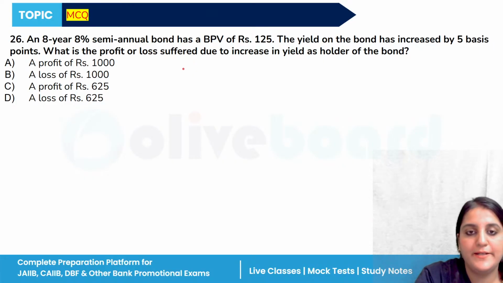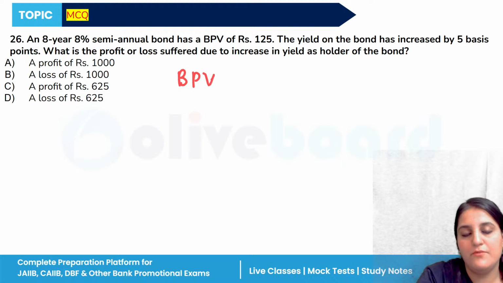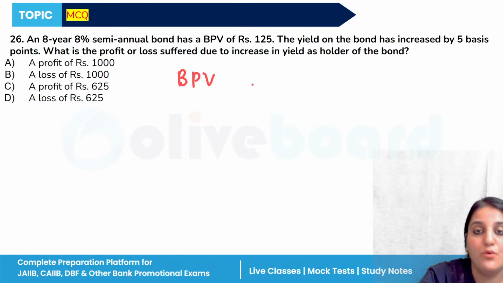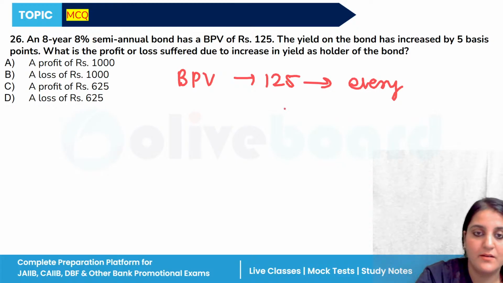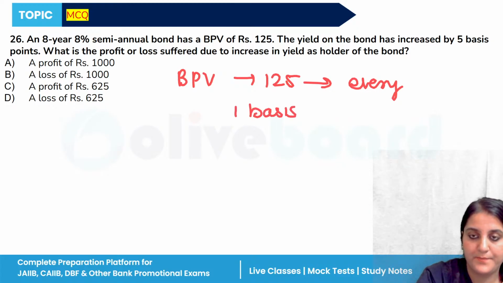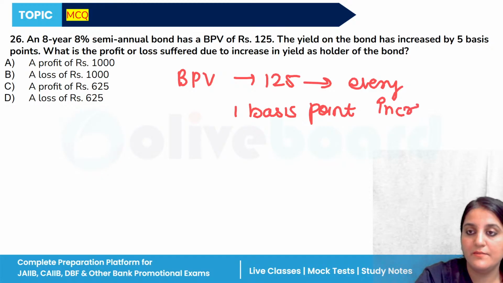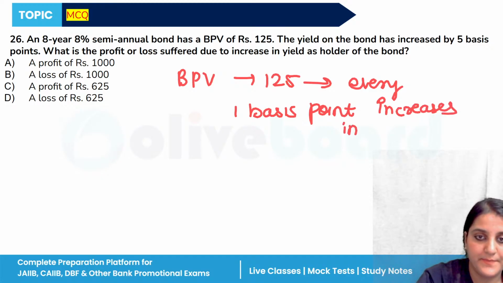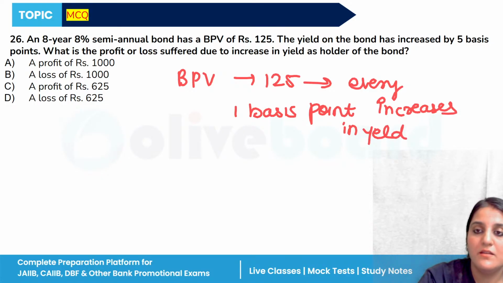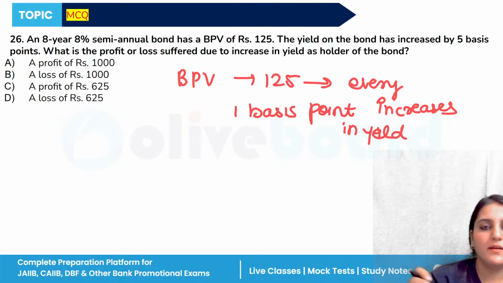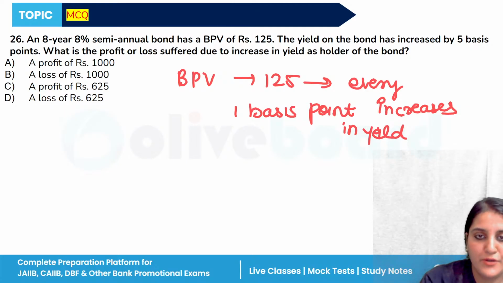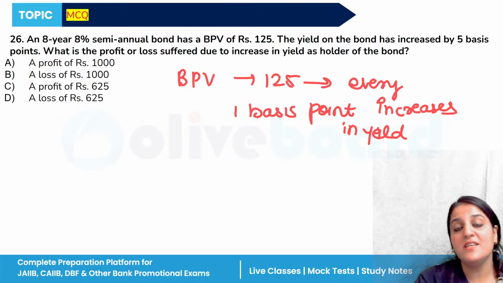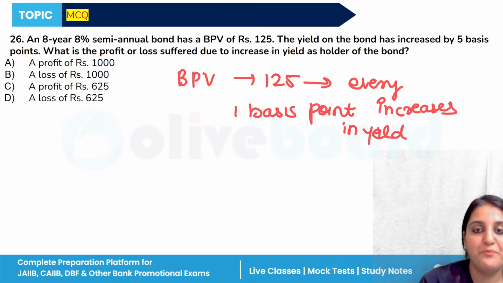Here we can calculate it. BPV, basis point value, of 125 means that for every 1 basis point increase in yield, the bond price decreases by rupees 125. The yield increased by 5 basis points.